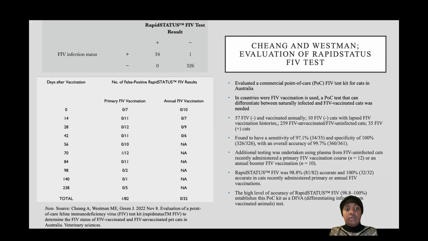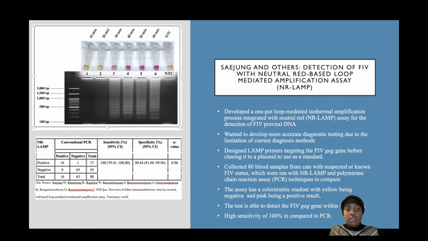The second one on the bottom compares the number of days taken for a false negative to occur, if it did occur, depending on if a cat was vaccinated annually or if it received a primary FIV vaccination. The second study I would like to present is a study done by Xiang and others.